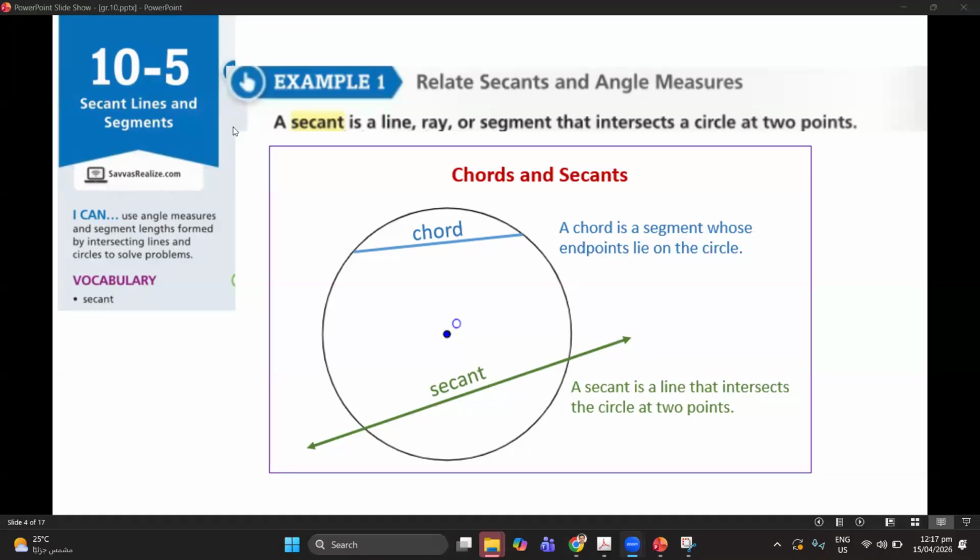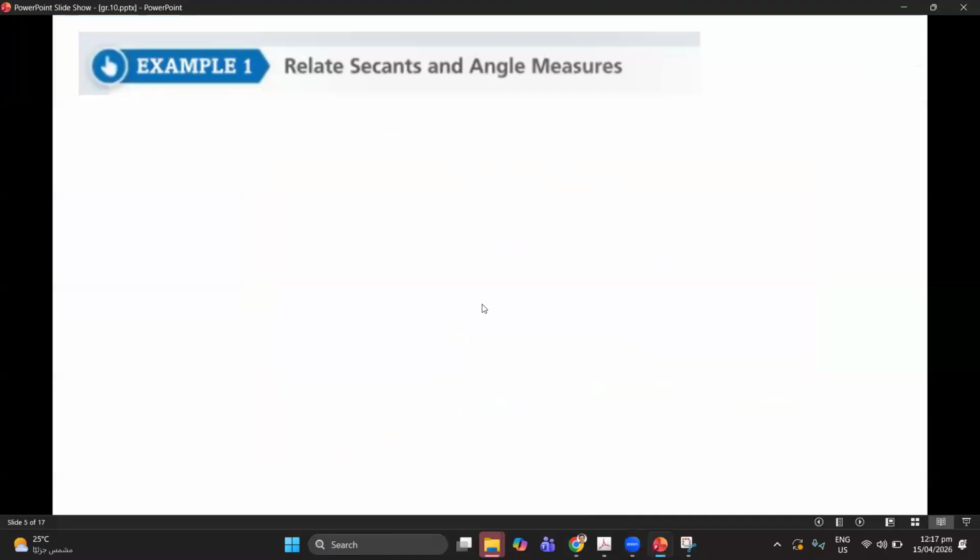And then we relate the measure of the secants and the angles.